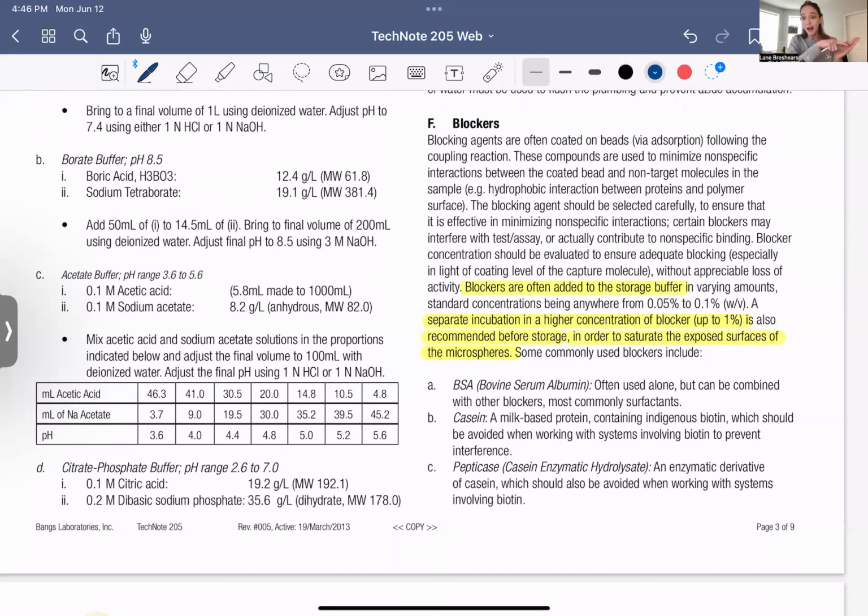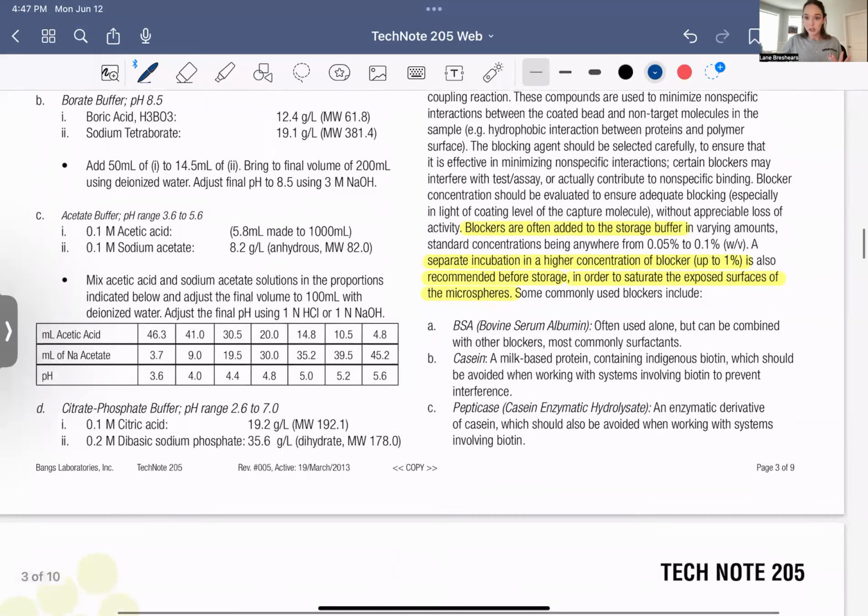And this is why you could use a blocker, because if there are some extra spaces, then you can use a blocker to take those so that it's not later going to be binding to itself and creating self-aggregation. So that's what you can be using a blocker for, to take up those exposed surfaces intentionally.